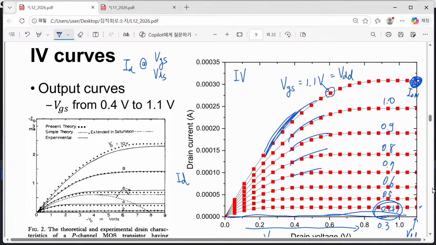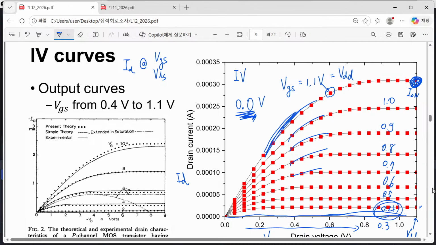It doesn't matter whether we have a sufficiently high or sufficiently low gate voltage. Although I have not shown it here, it can also calculate the drain current at VGS equal to 0.0 volt without any difficulty, and you have very smooth and beautiful curves for your IV characteristics.